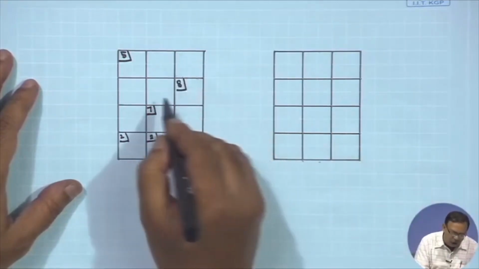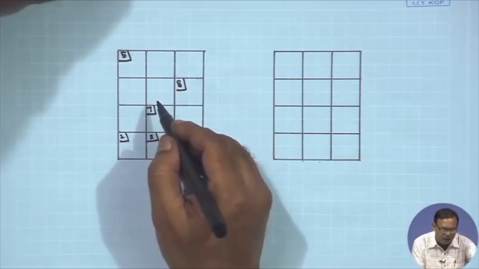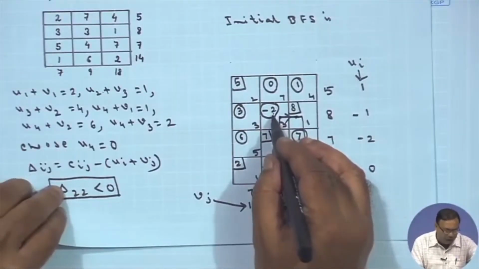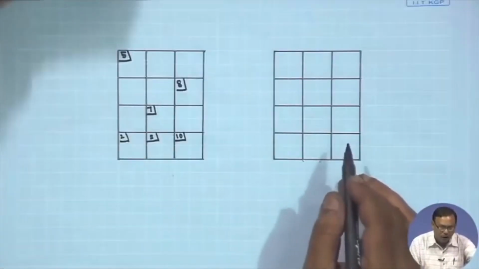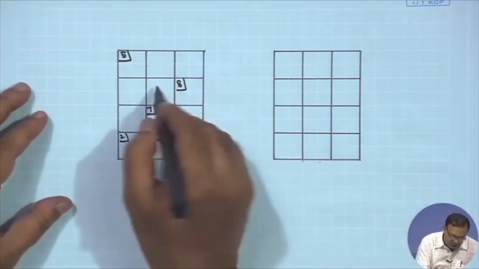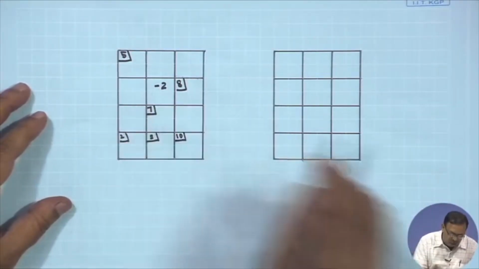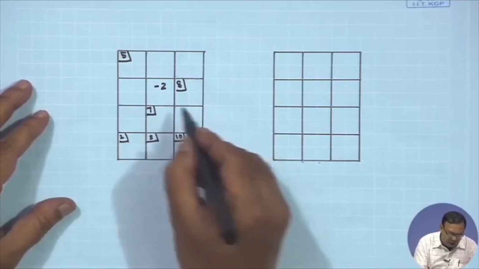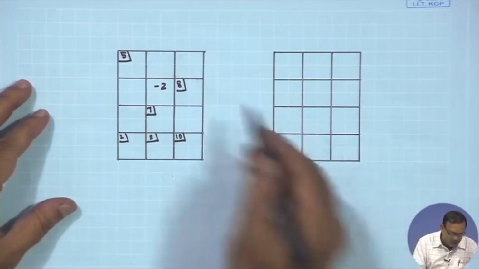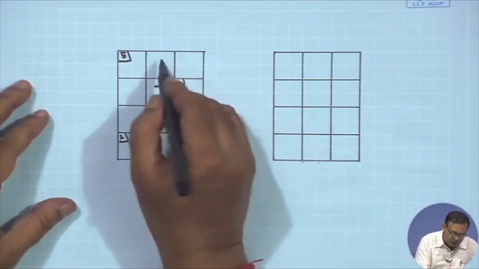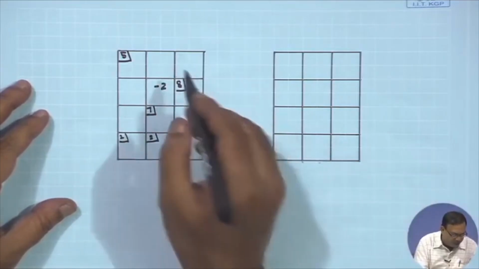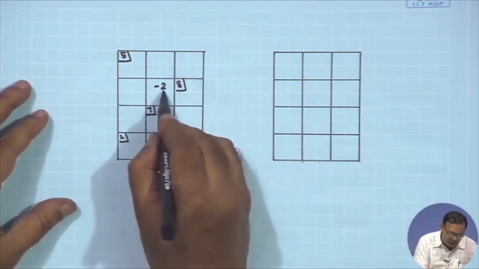And you got minus 2 at this particular point, over here. Let me write down the 0 values also. So, here it is minus 2.